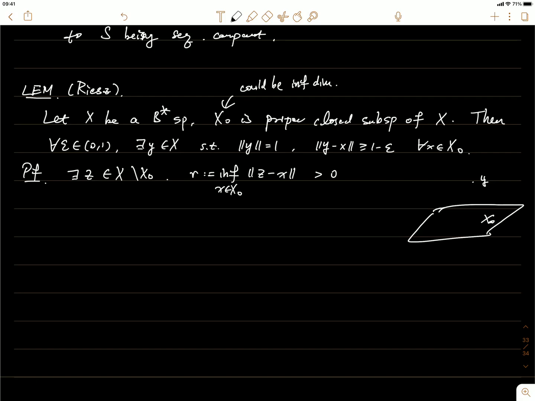So now for any epsilon between 0 and 1, I know there exists some eta greater than 0.